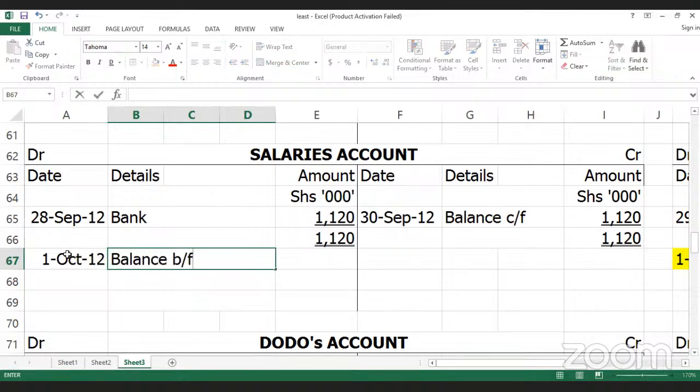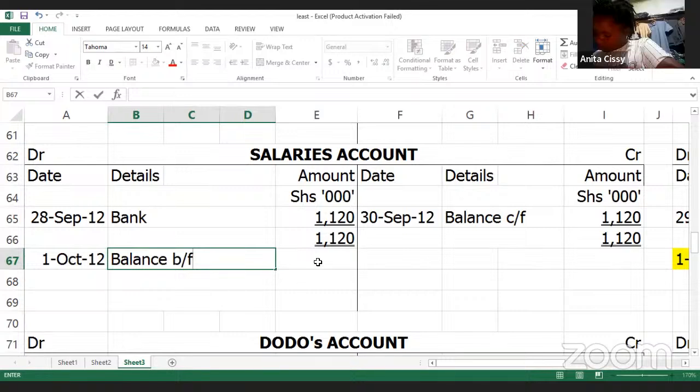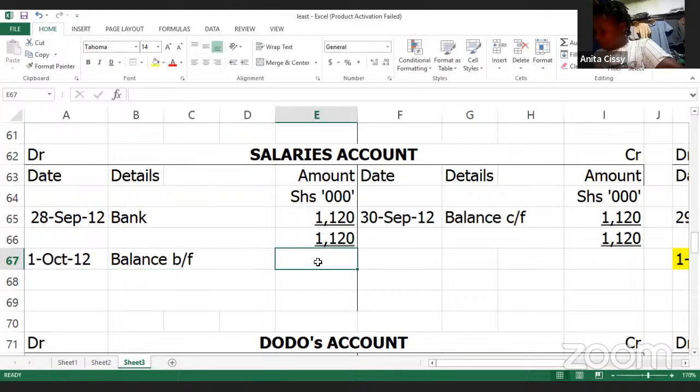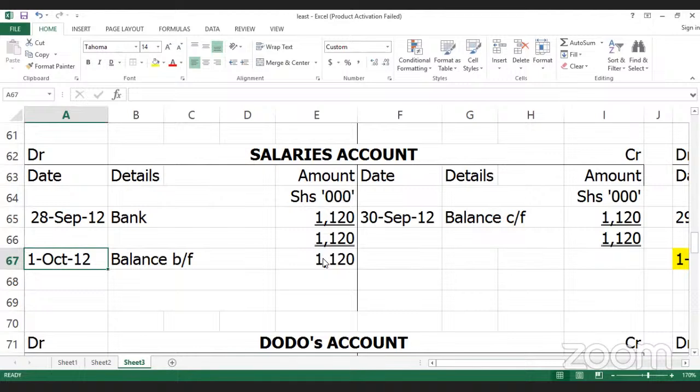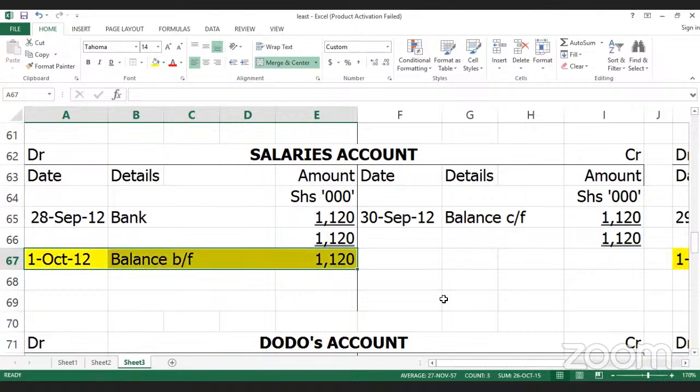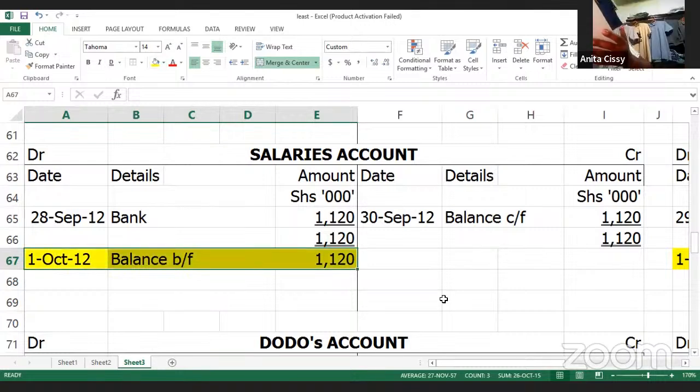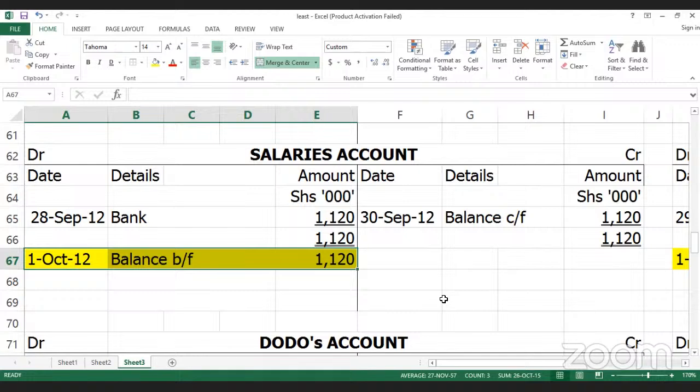Balance brought forward. That is your salaries account balanced.